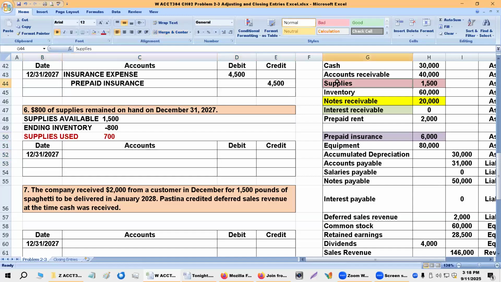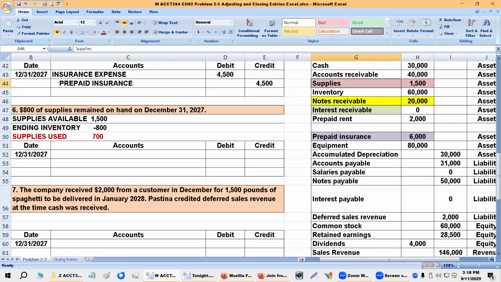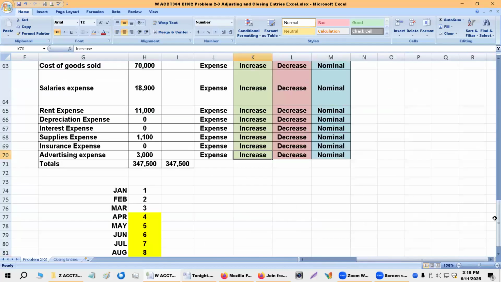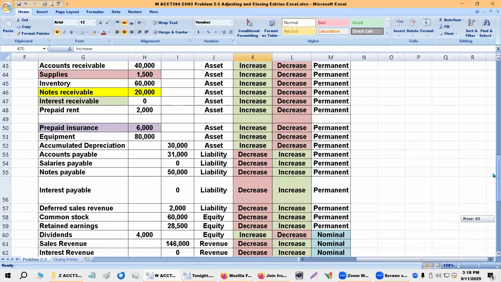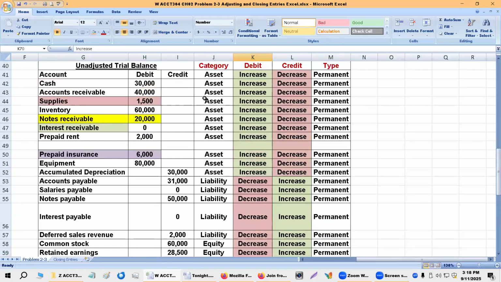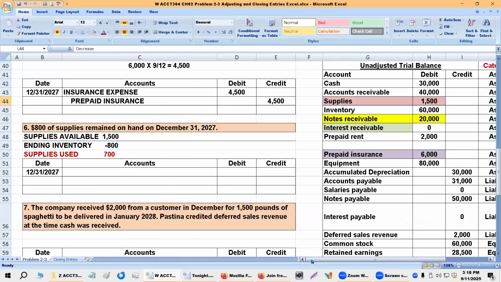So our supplies account's gonna go down by 700. They're going down with a credit.